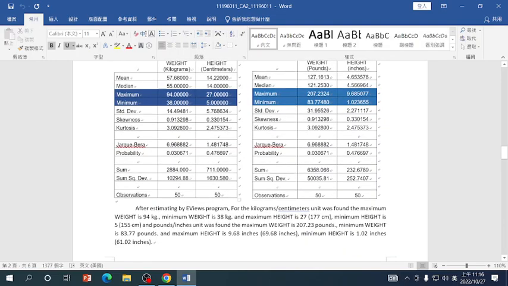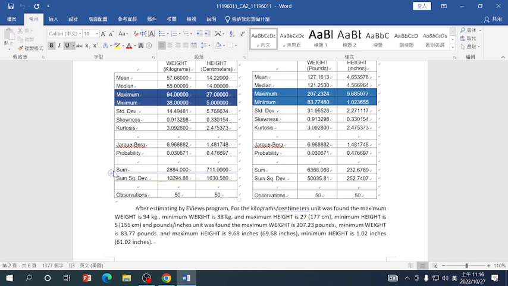And step 2, after implementing in EViews for kilogram per centimeter units, the maximum weight is 94 kilograms and the minimum weight is 38 kilograms, and the maximum height is 177 centimeters and the minimum height is 155 centimeters.